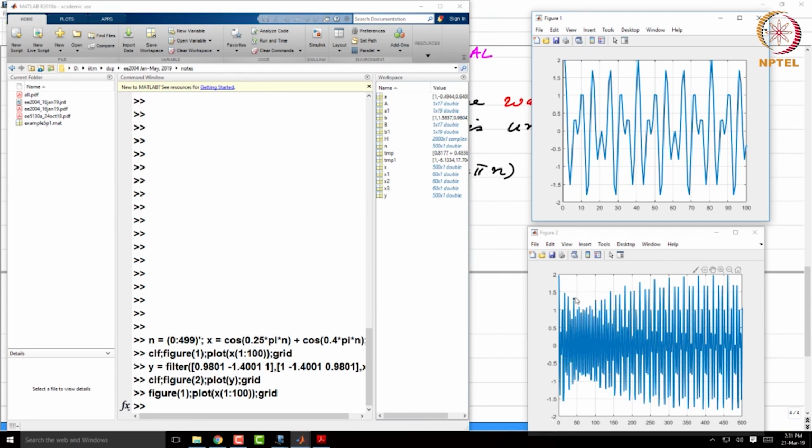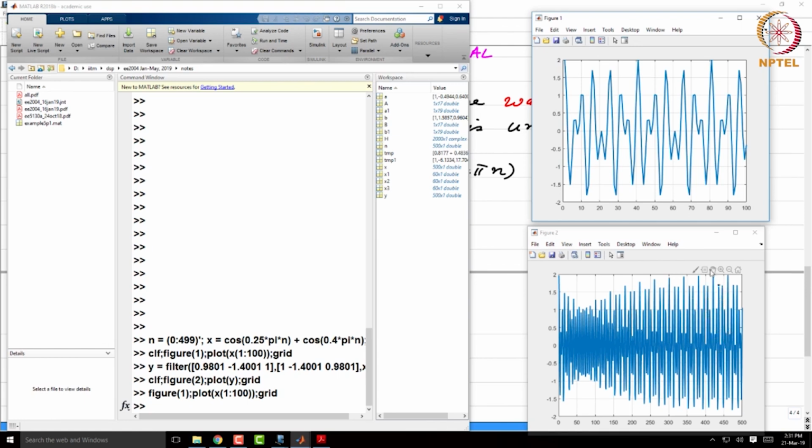There will be initial transients, and that is why you see here in the beginning there are transients. If you recall the response to suddenly applied inputs, the output will contain input modes plus natural modes. You can decompose this as the steady state response plus transient response. The transient response is given by the natural response of this all pass filter. That is what this portion is, and then in this portion you will have the steady state response.